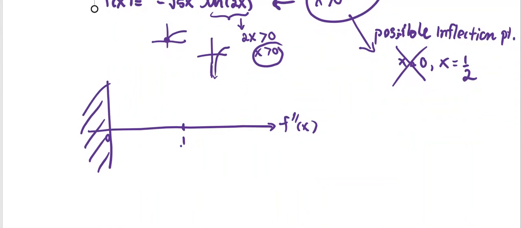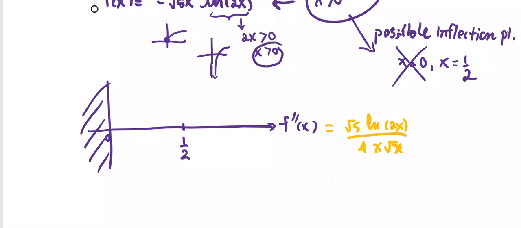Okay, so locate 1/2 over here. And to identify the sign of f double prime, I would use the same analysis as what I did in the last section with many problems. The f double prime is in the form of the square root 5 times natural log of the 2x divided by 4 times x square root x.